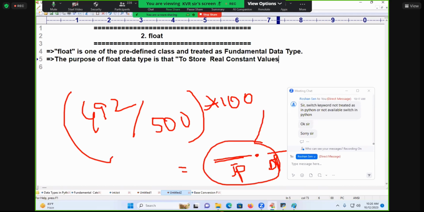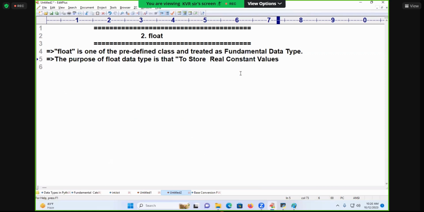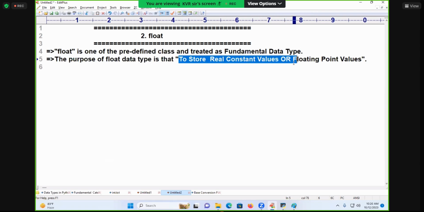Such a notation is known as a real constant value, or we can also call them floating point values. The purpose of float data type is to store real constant values or floating point values.